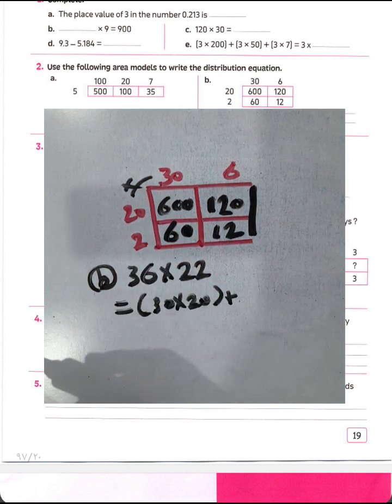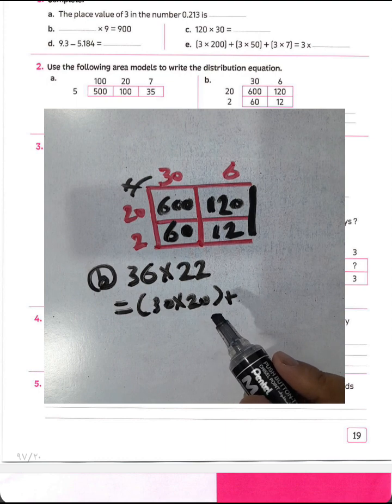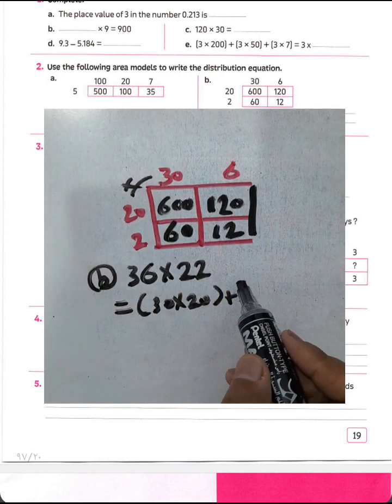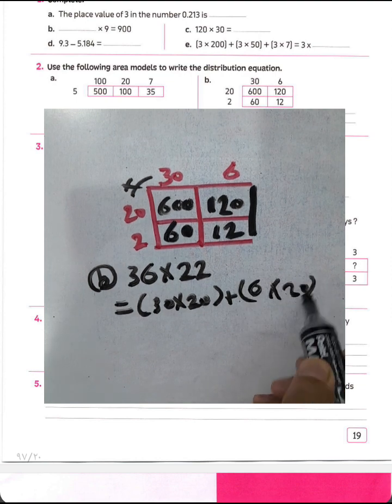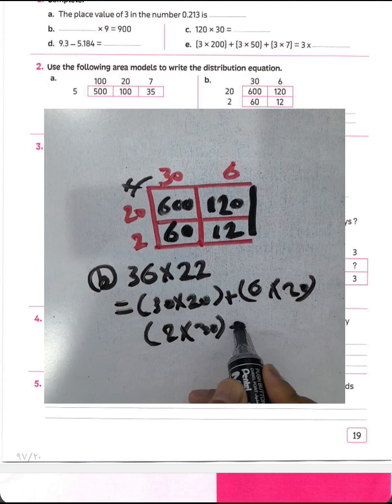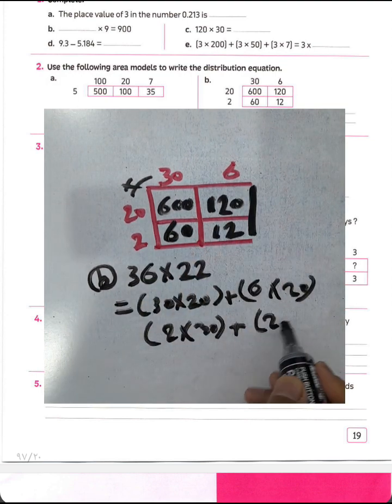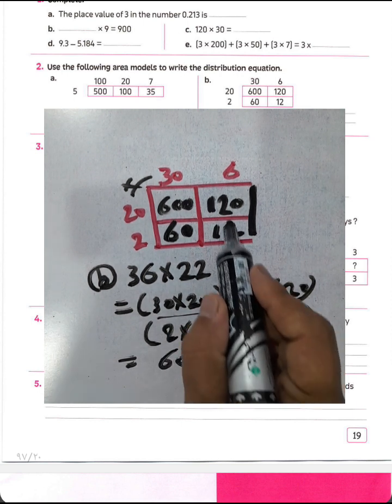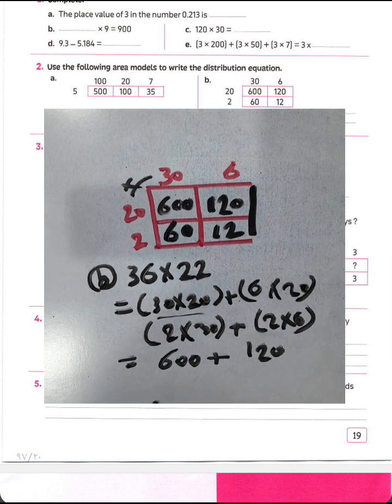Okay. And what? Complete with me. 2 times 30. And here 2 times 6. And then the results. The result here is 600. 6 times 20 equals 120. 2 times 30 equals 60. 2 times 6 equals 12.